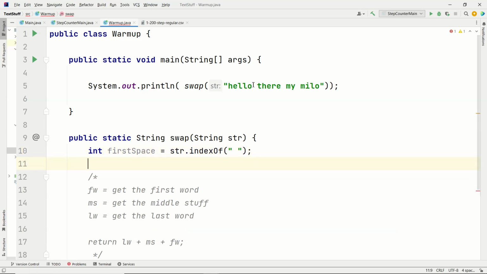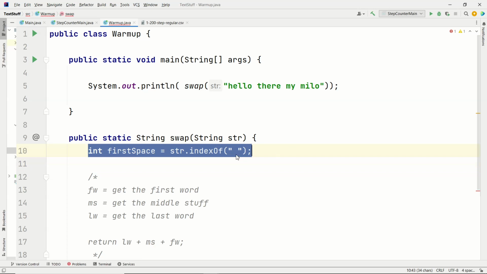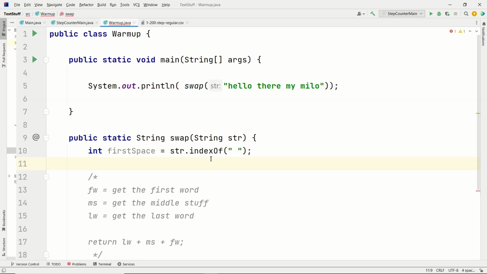If there are no spaces, well, let's pretend you didn't think about that. Whenever I write a method, I'm accustomed to asking, what if this command doesn't return the thing I'm expecting it to return? So I'm used to practicing thinking about what are called edge cases, which are inputs that are not the expected input.